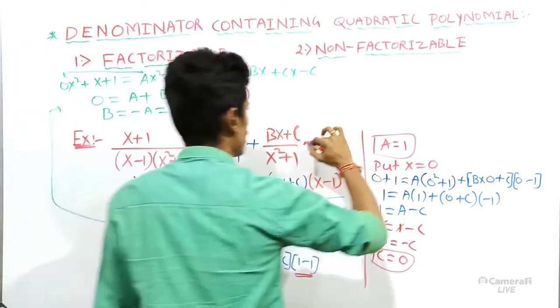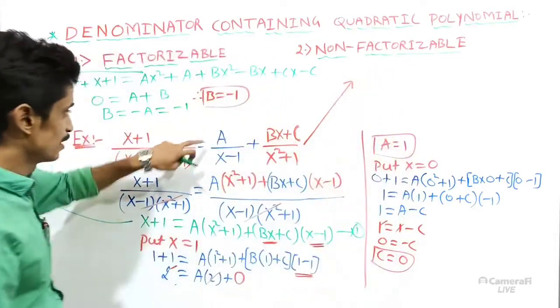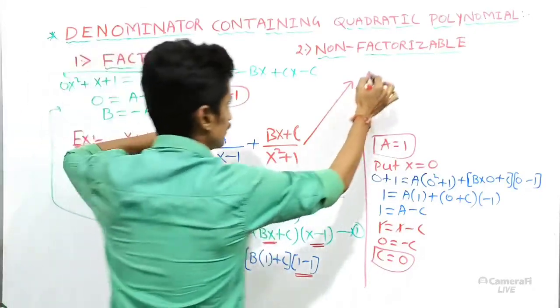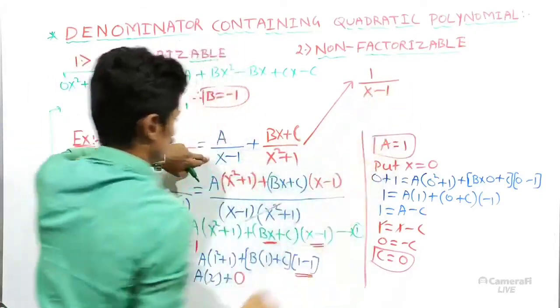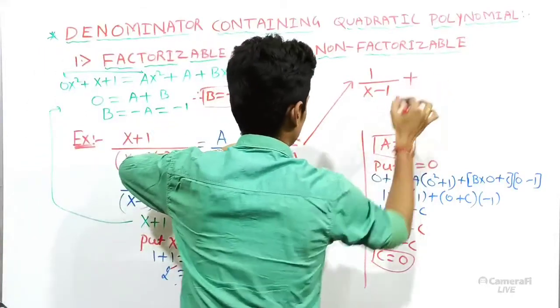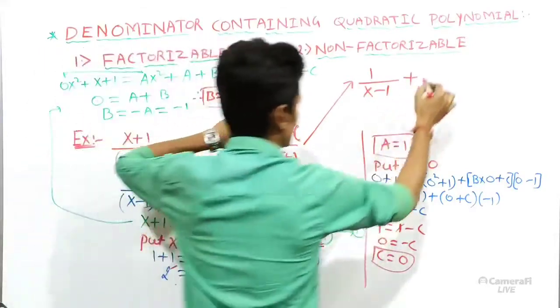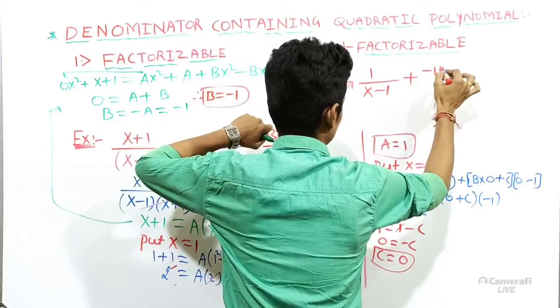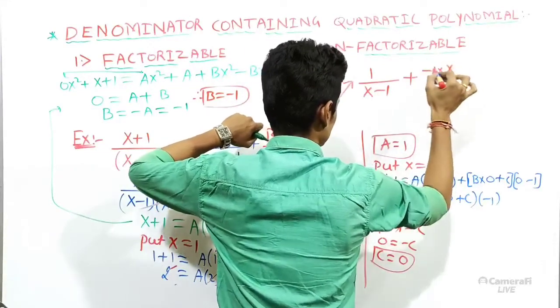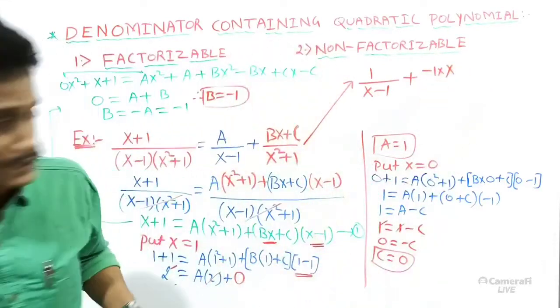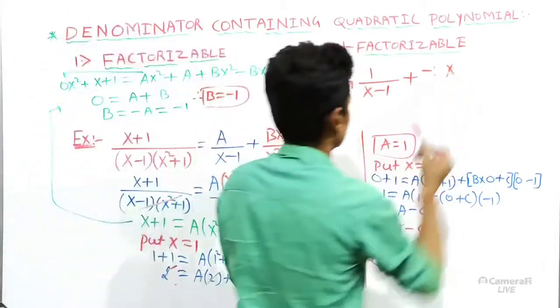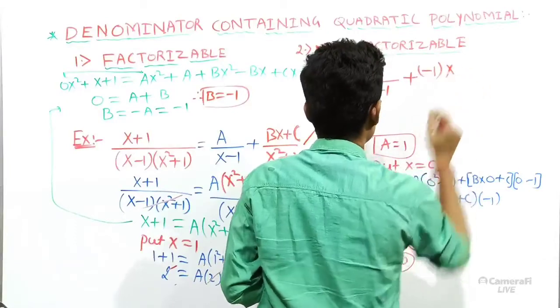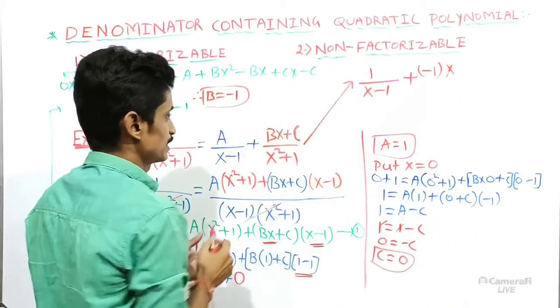Let us take this form. What is the a value? a value is 1. 1 upon what can we write? x minus 1 plus, what is the b value? b value is minus 1 into x. If you are getting confused, put a bracket here, that is taking bracket minus 1 into x plus c.